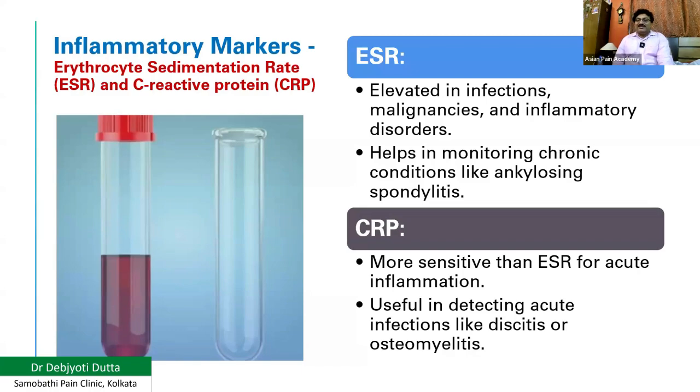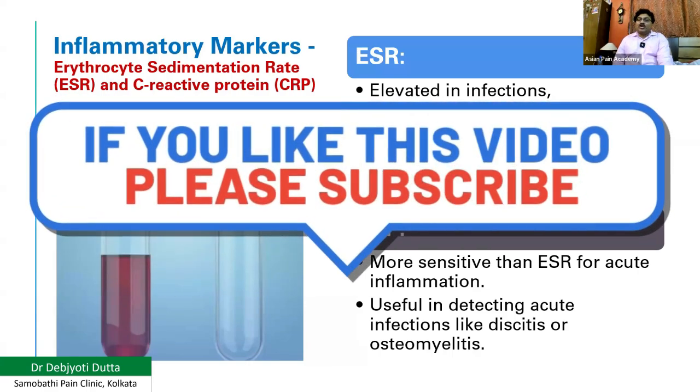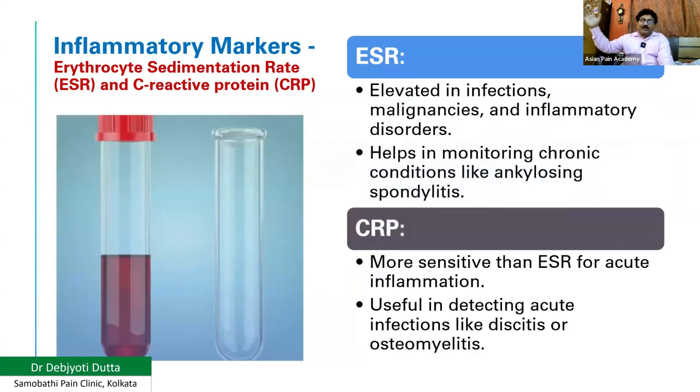Remember, ESR is a very non-specific marker and can be elevated in various conditions, but even if it is elevated, it should be in a lower range, not a very high range like more than 80 or more than 100. It helps to monitor chronic conditions like ankylosing spondylitis or rheumatoid arthritis.